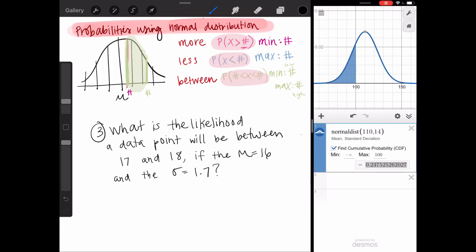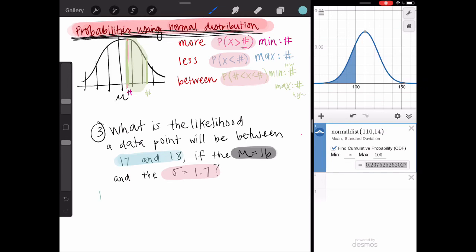And we're going to assume that somewhere in these questions it's stated that it's a normal distribution. So the likelihood a data point will be between 17 and 18 if the mean is 16 and the standard deviation is 1.7. There's no guarantee that your information will be given in order, so just make sure you're putting in the pieces correctly.